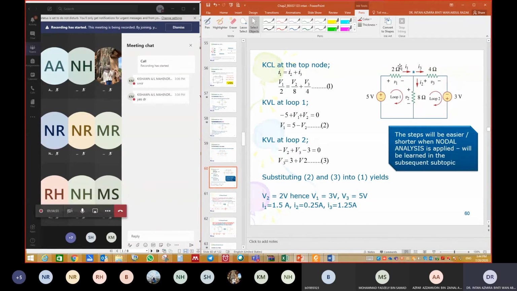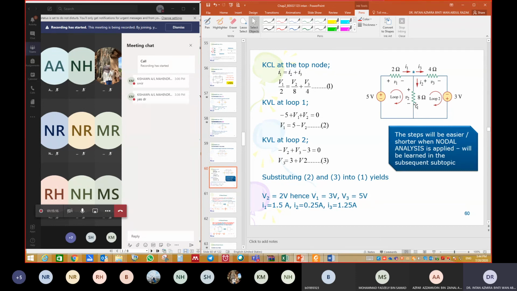And we know that I1 is the current flowing through 2 ohm, which is equal to the voltage drop across 2 ohm divided by 2, meaning V1 divided by 2.